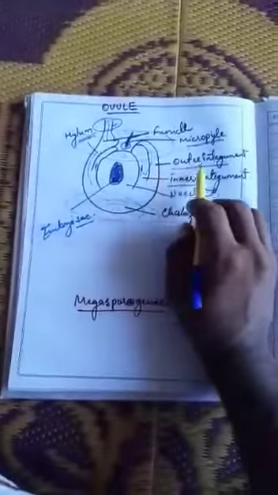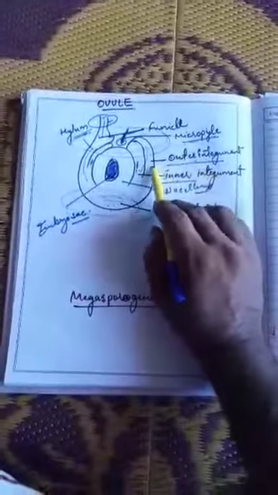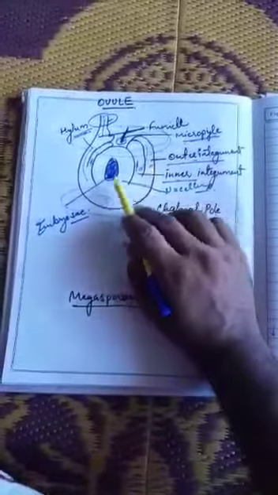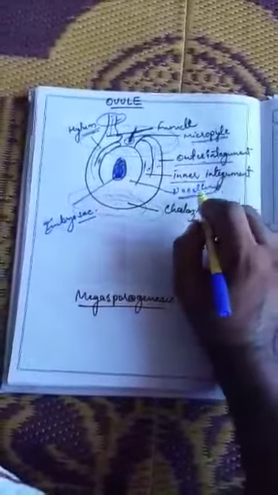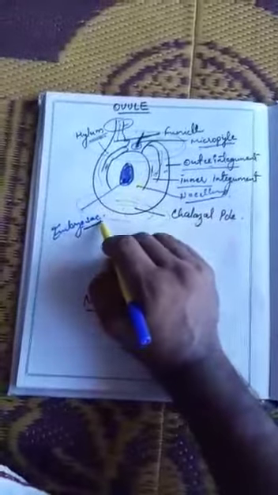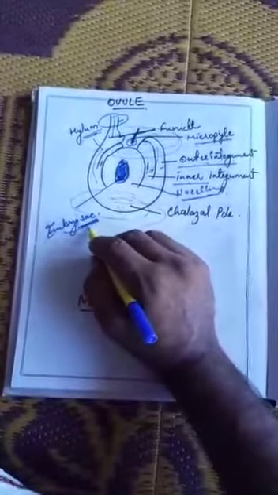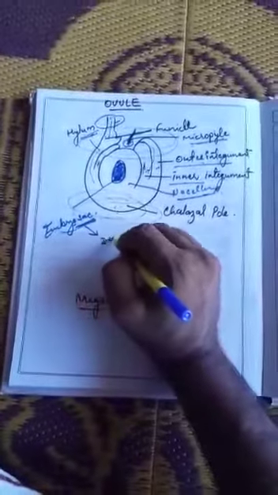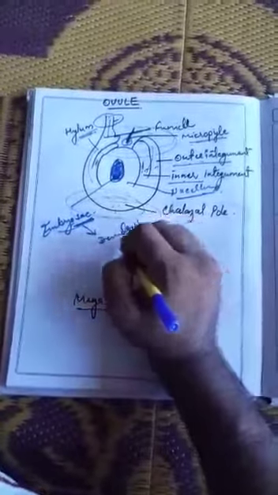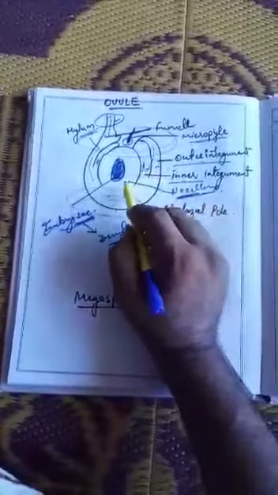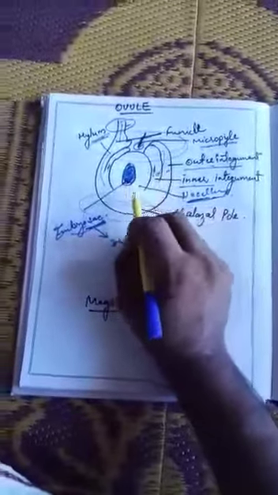So what do the outer integument and inner integument do? They are protective in nature. They protect the embryo sac. What does the nucellus do? When the embryo sac develops, it requires energy. That energy comes from the nucellus, that means the nucellus gives the nutrients.